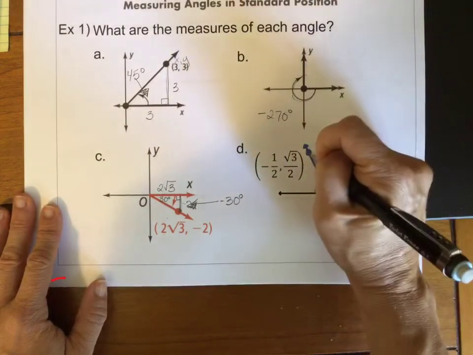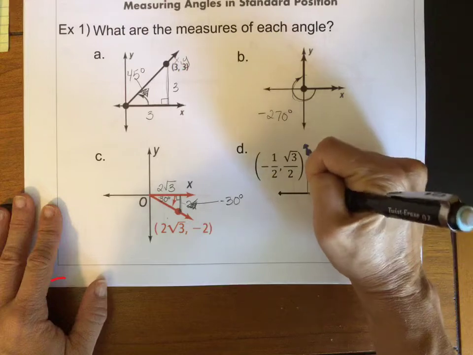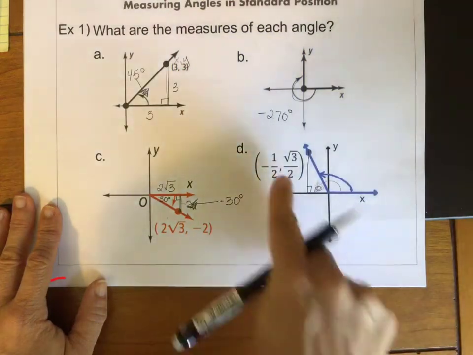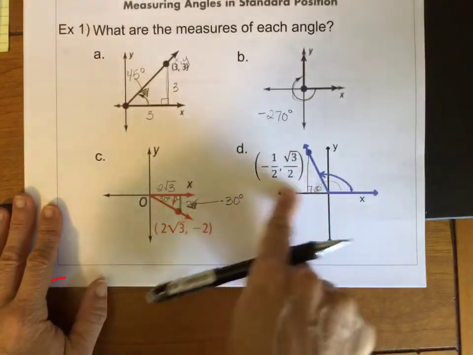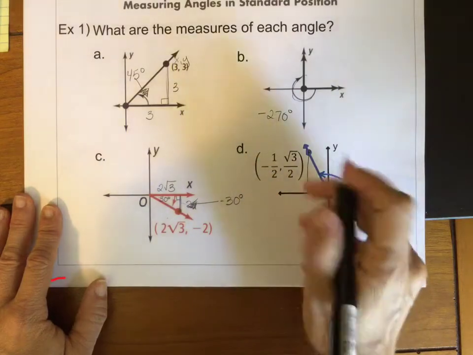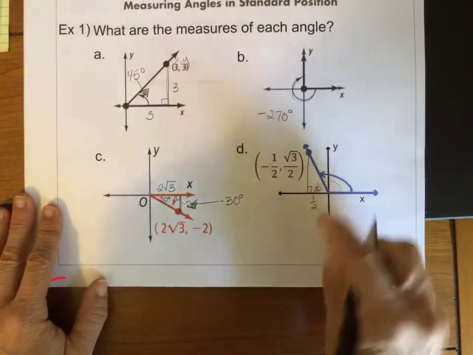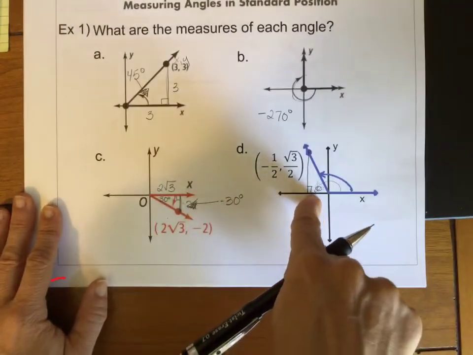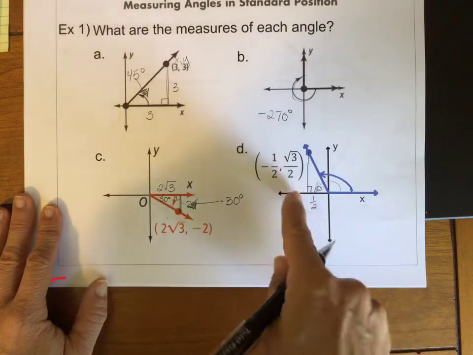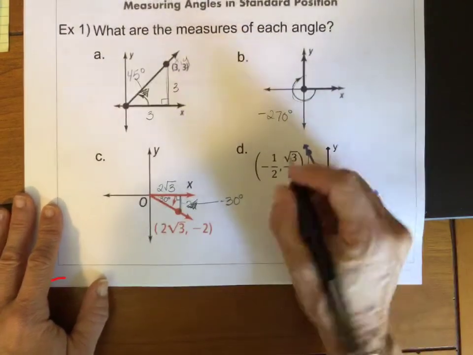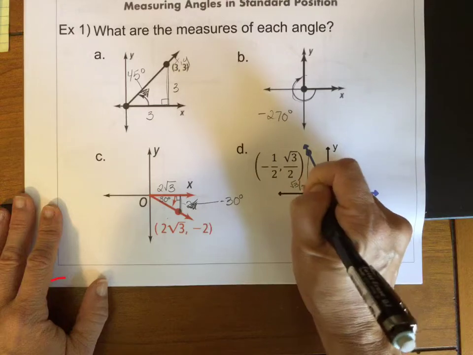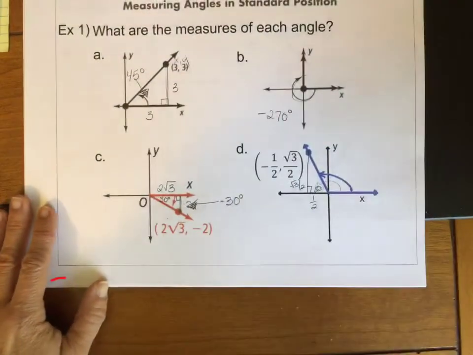And then we take our point and we draw our right triangle in. Now my x values over here in quadrant 2, they're negative, but this still just represents like a distance. So this side here is 1/2. And then the long side over here is root 3 over 2, my y value.